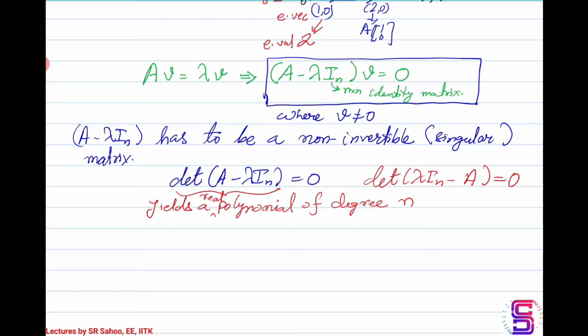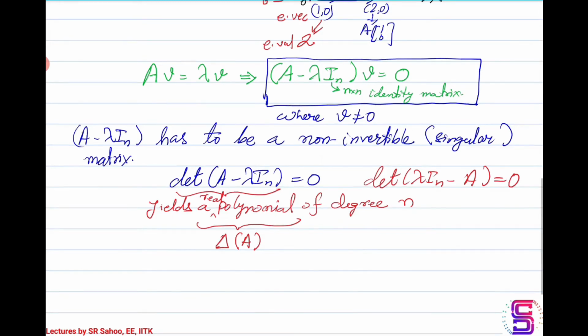So we'll represent this real polynomial as this symbol, the capital delta of A. It is the real polynomial derived from the determinant of A minus lambda In, and this polynomial is termed as the characteristic polynomial of matrix A.